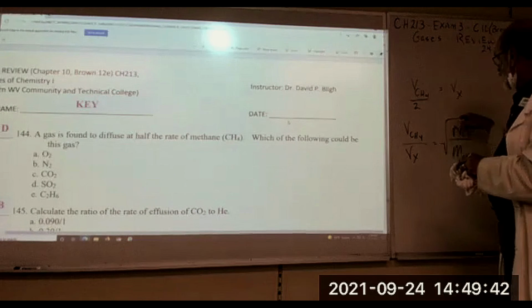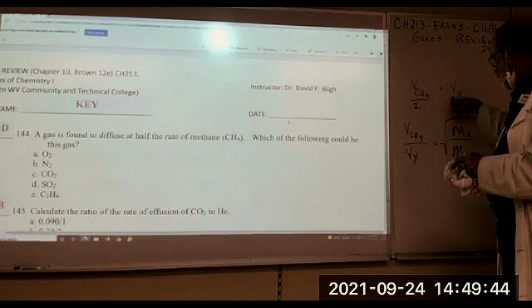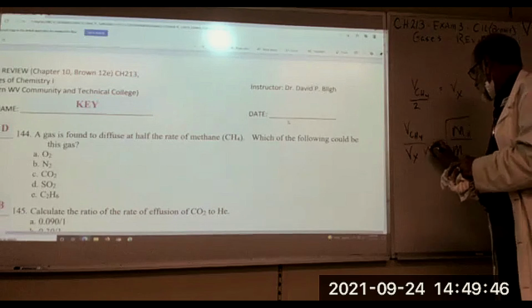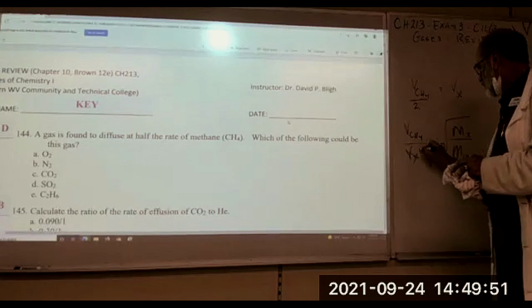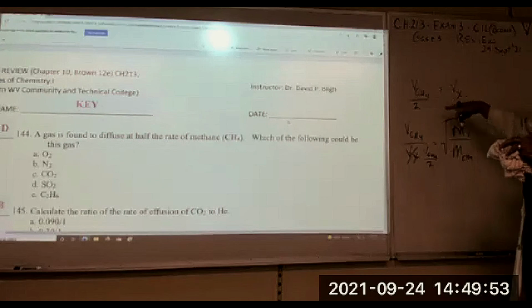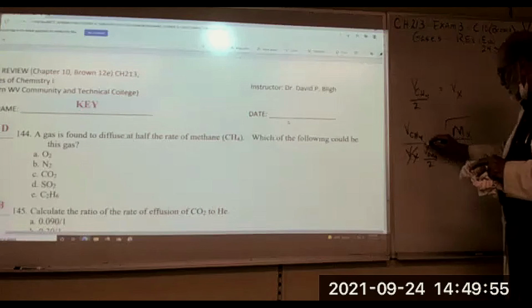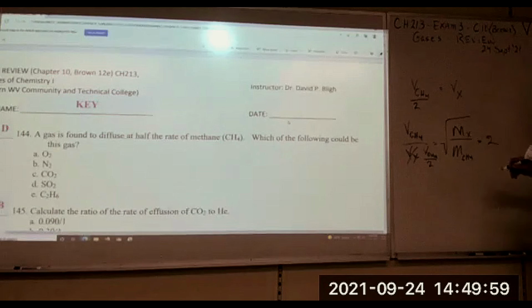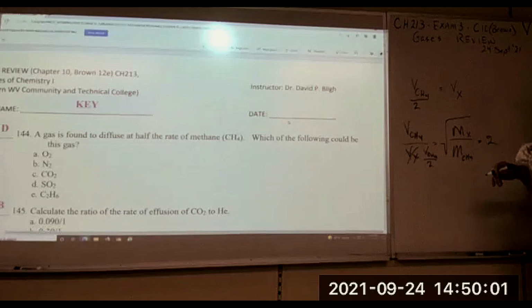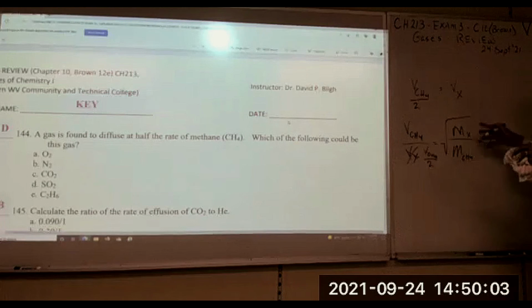Now let's substitute. What is this equal to? This is equal to the rate of CH4 over 2. Right? So now that's equal to 2. So square both sides.